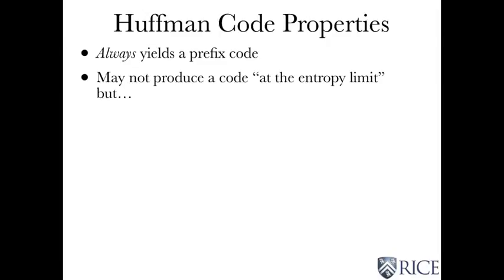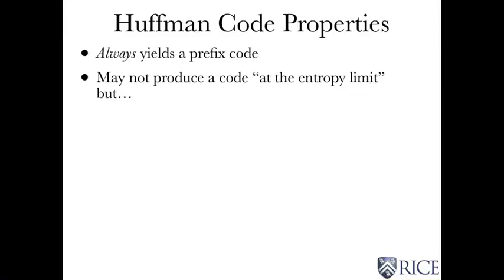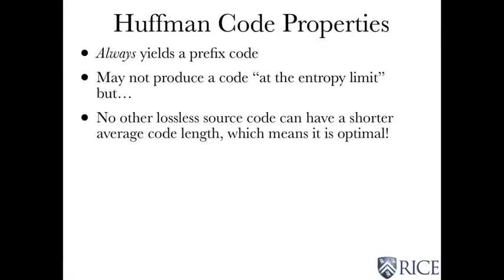And it turns out you can show, and I'll give an example in a second, that you may not actually produce a code that goes all the way to the entropy limit. It may not quite reach H of A for the average code length, but what Huffman proved was that no lossless source code can have a shorter average code length, a smaller B bar, than what his procedure gives you.